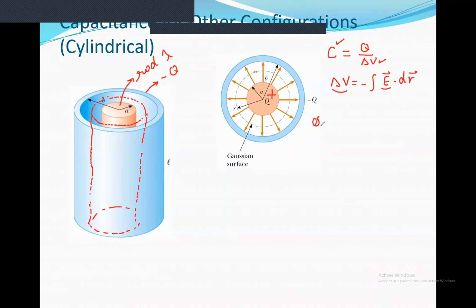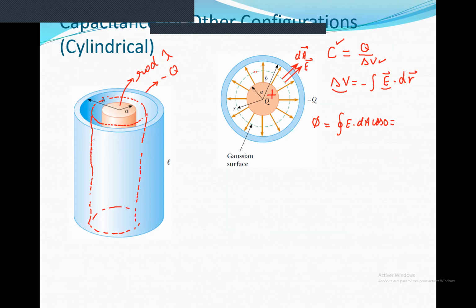We have phi equals E. You know, E is outward and dA is outward. Here we have dA, and here also we have E. The angle between them equals 0. We can write E dA cosine 0 equals Q enclosed.